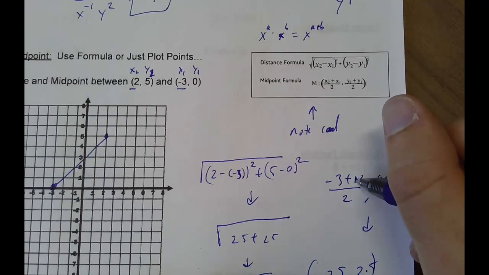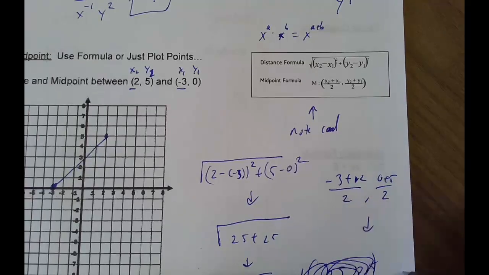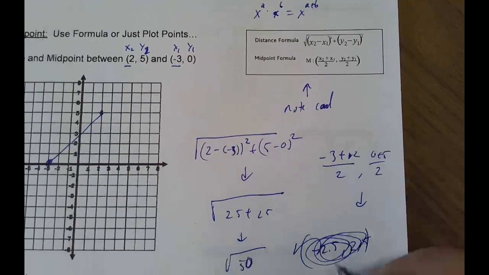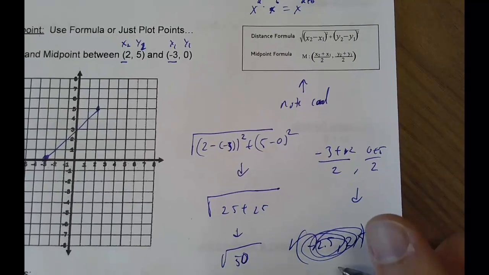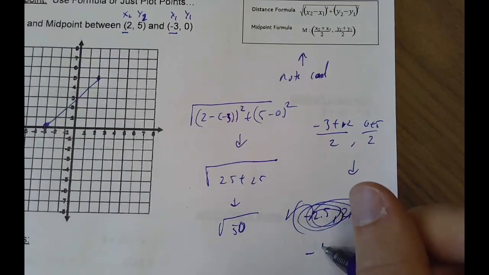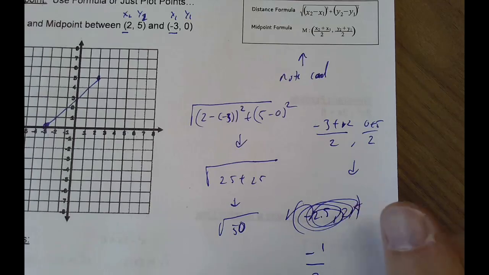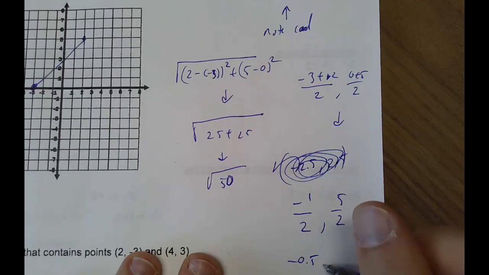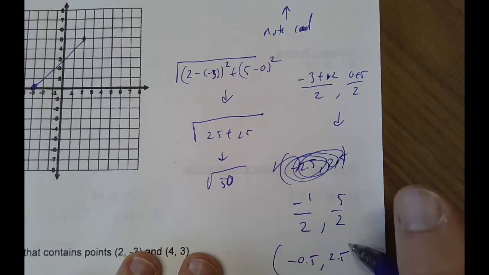Sorry, this is a positive 2 here. Negative 3 plus 2 is negative 1. So it's negative 1 over 2, comma 5 over 2. So it's negative 0.5, comma 2.5.